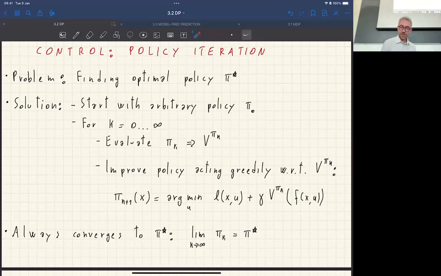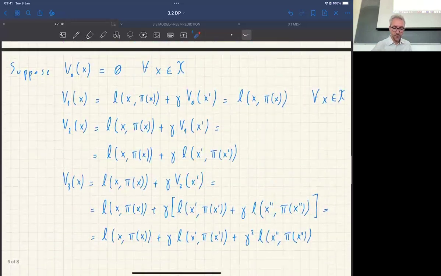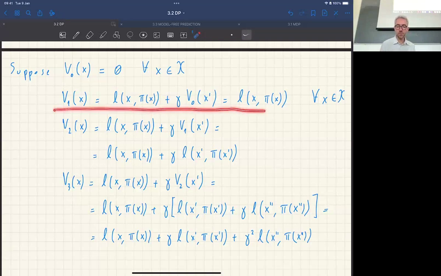So what happens if here in this step, we only do one iteration of policy evaluation? And let's remember what policy evaluation is. Policy evaluation is this process here. So in the example that I did before, it means that basically we stop here. We stop after the first iteration of the algorithm.